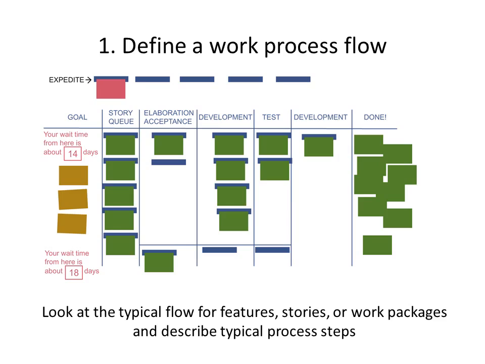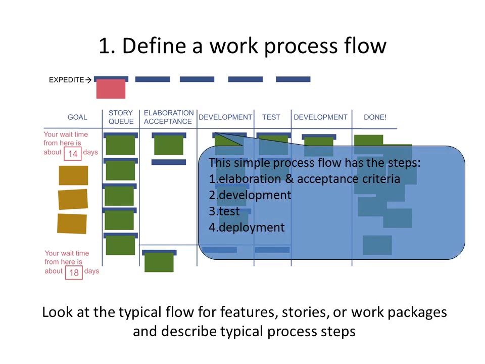But let's first understand what the key components are and how to go about it before we talk about how it can be adapted to an online system. So this basically represents the typical flow. It identifies elaboration and acceptance criteria, development, test, deployment, etc., as may be relevant for the shop floor.